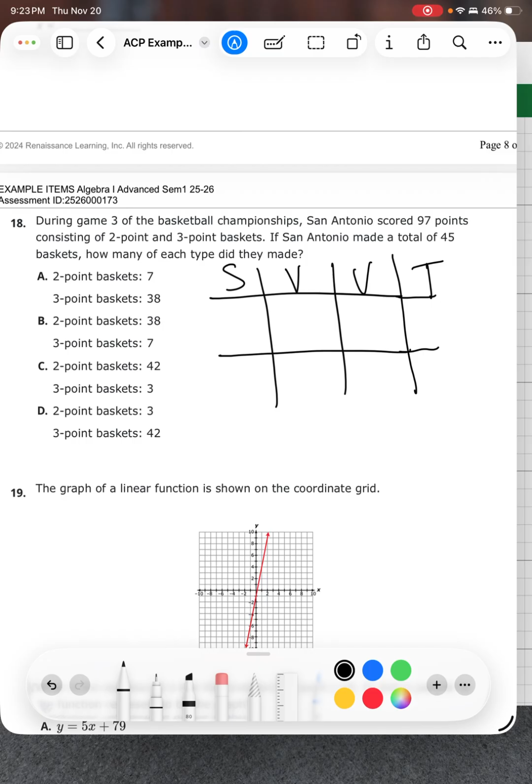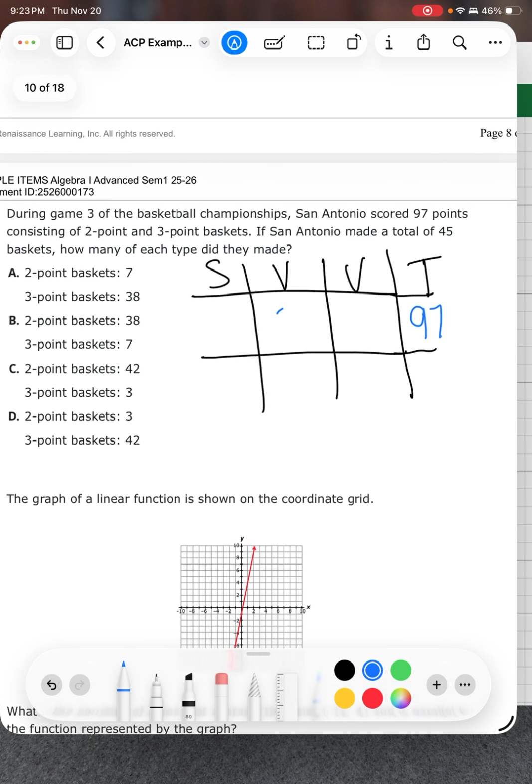Okay, so during game 3 of the basketball, San Antonio scored 97 points. So I know right away that that is going to be a total. And I know it consisted of 2 points and 3 points.